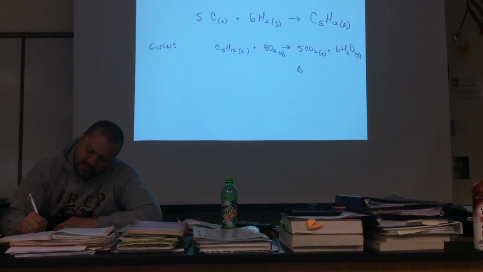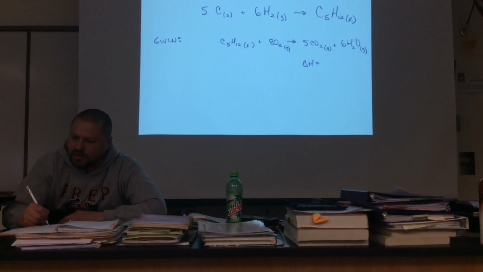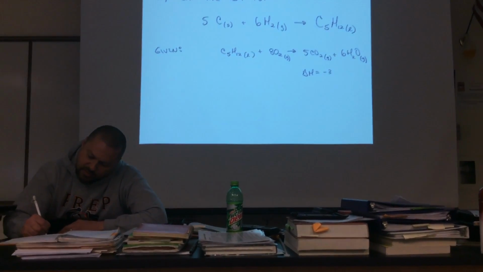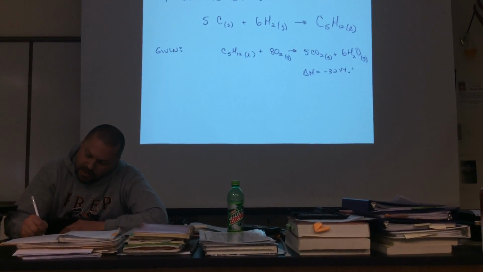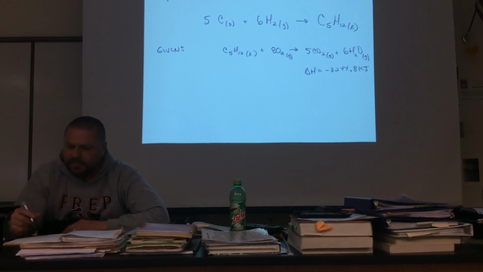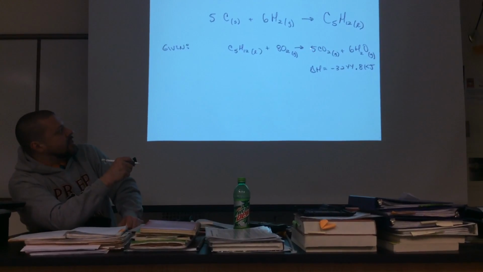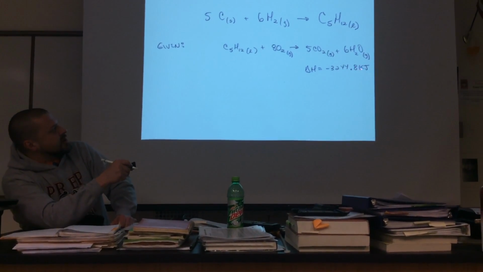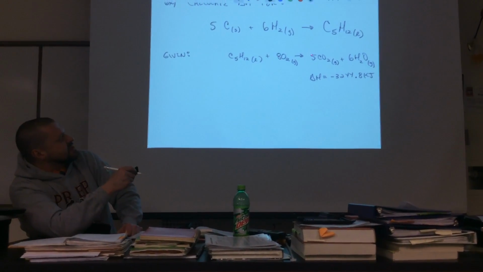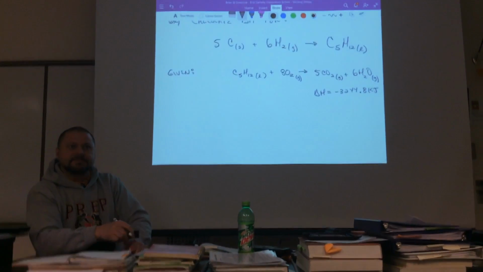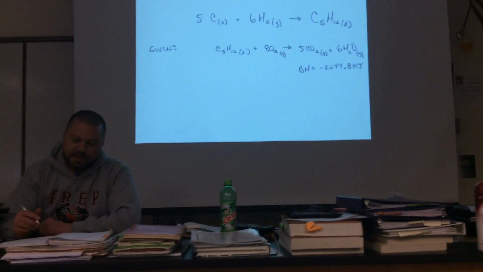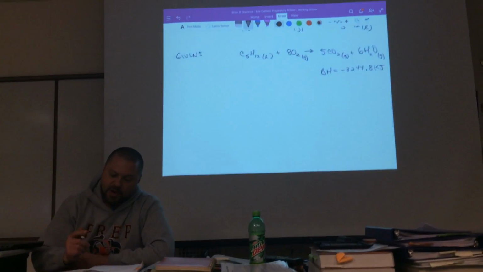And there's a delta H for that equation equal to negative 3244.8 kilojoules. So again, just like in your test tomorrow, that means it's negative 3244.8 kilojoules per 1 mole of this, per 8 moles of this, per 5 moles of this, per 6 moles of this. Okay, I'm going to give you a couple more equations here.